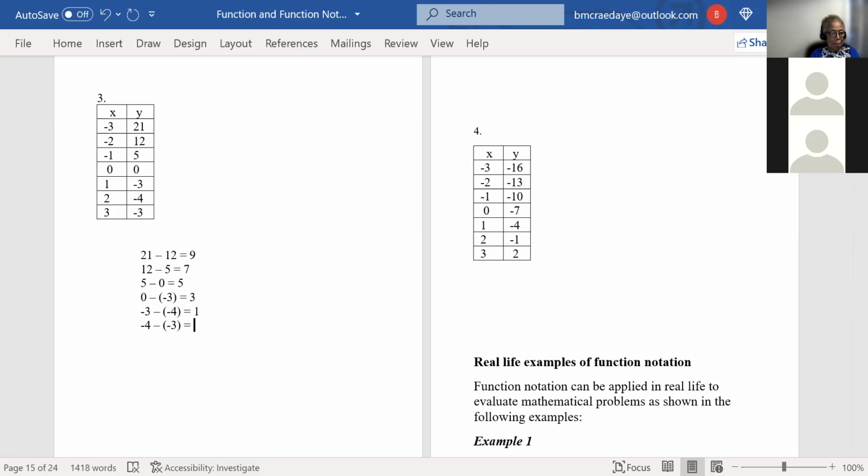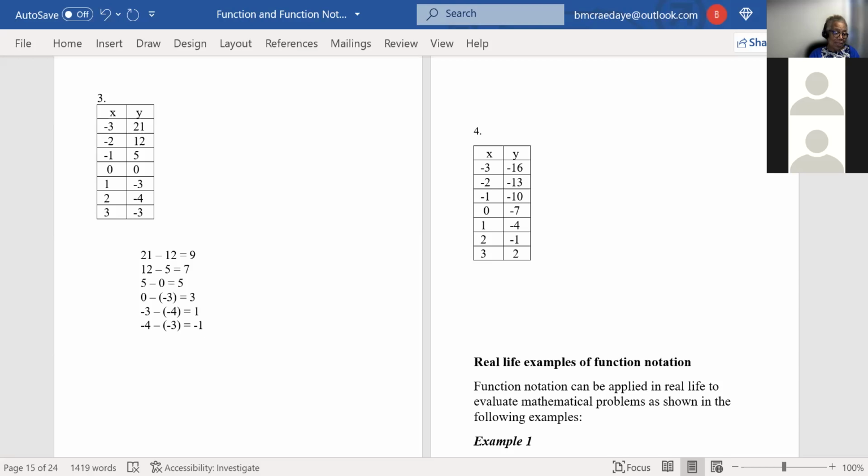Minus 3 gives you a plus 3, and a plus 3 and a minus 4 gives you a minus 1.